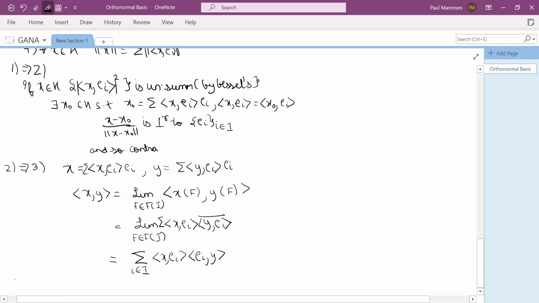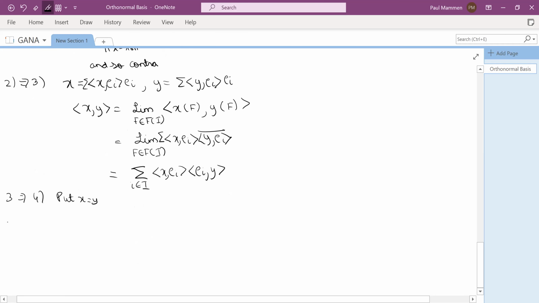And 3 implies 4 you get by putting x equal to y.